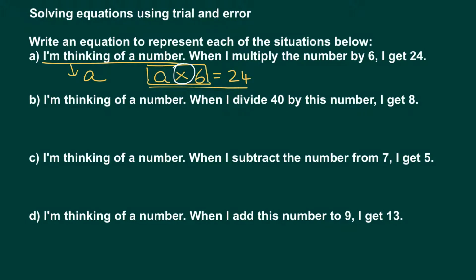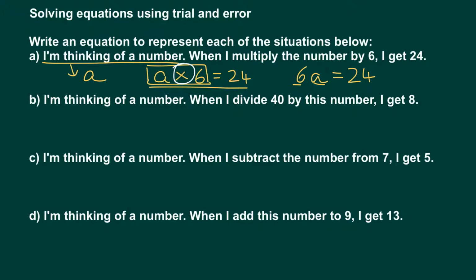We don't need to use it. The way we represent two things being multiplied to each other, so a letter being multiplied to a number, is we simply write the number and letter next to each other. So it becomes 6a, which is equal to 24. And the number always comes first, then the letter. That's just a general rule when it comes to algebra.